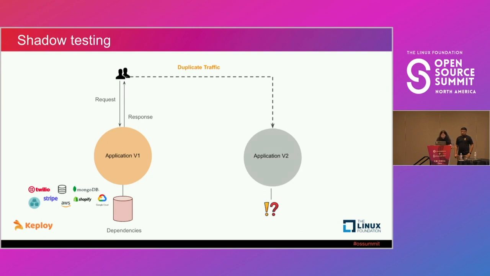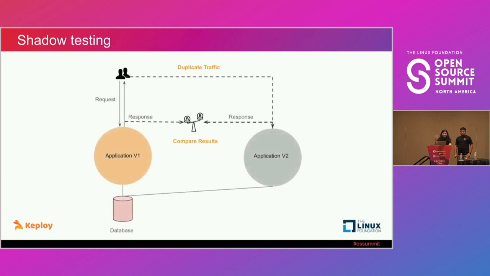But then we figured out that some companies are actually doing that. They're connecting the application v2 to the production database. But the catch was that they're aware and they guarantee that their application works in an idempotent manner. So it supports idempotency.